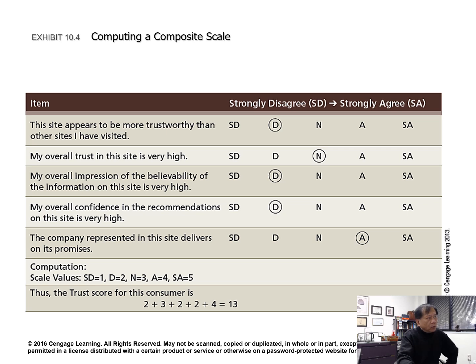So the answers correspond to 2, 3, 2, 2, 4, and you get 13. That's the composite scale number, the trust score of this consumer.